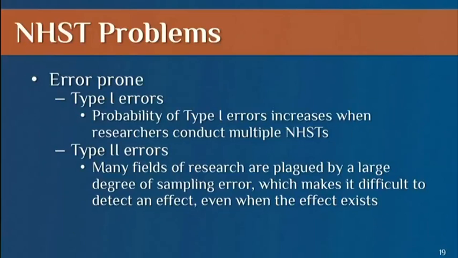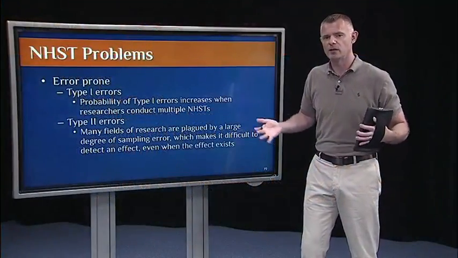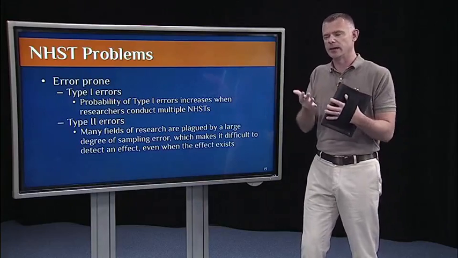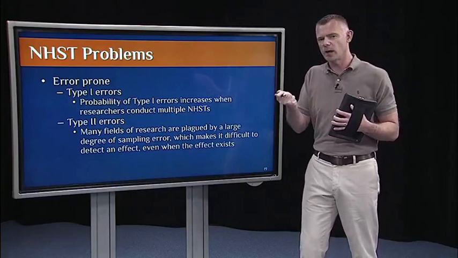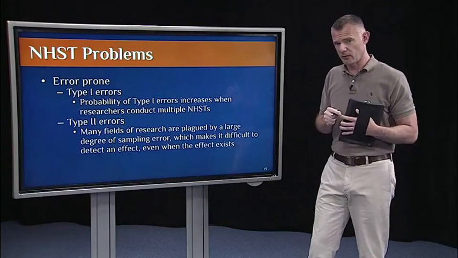These are called dependent tests. If you don't correct for the multiple tests, then that probability of a type 1 error just keeps compounding and inflating. So the probability of type 1 error can be really inflated if researchers aren't careful.